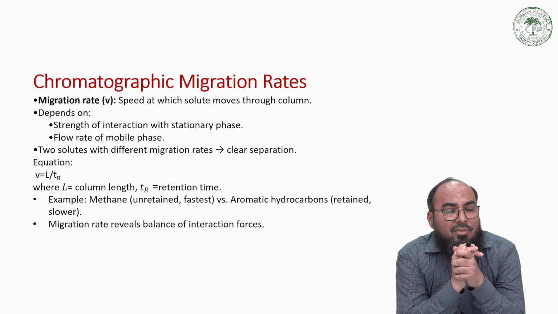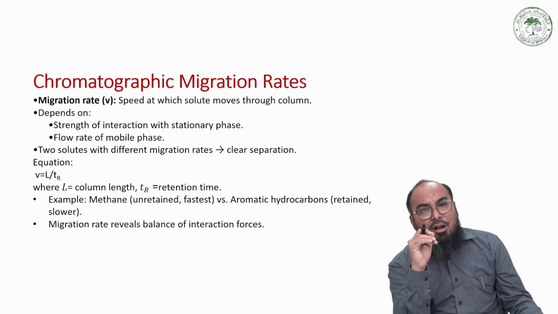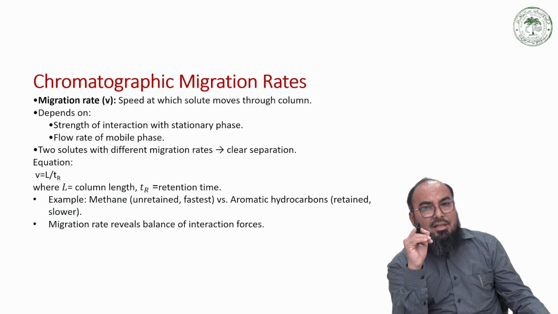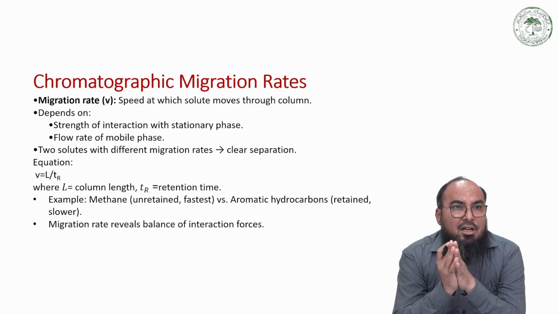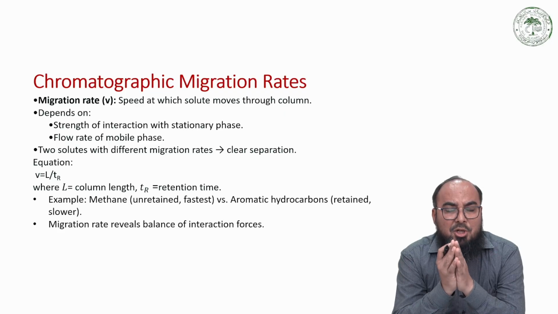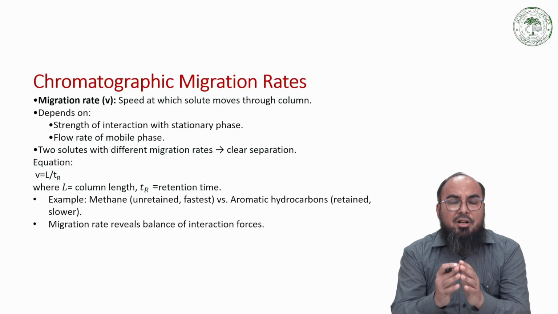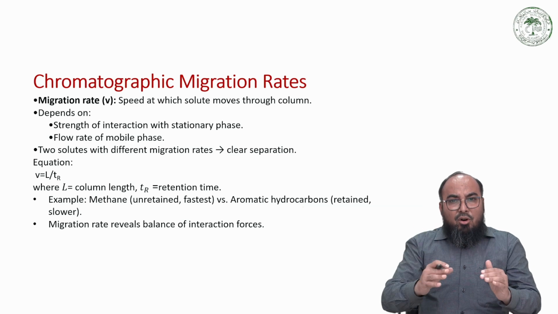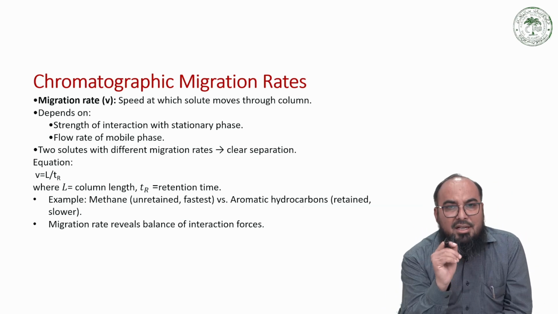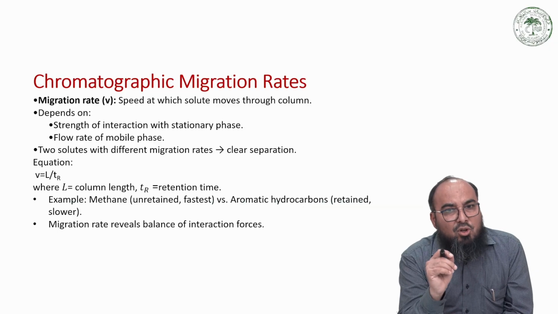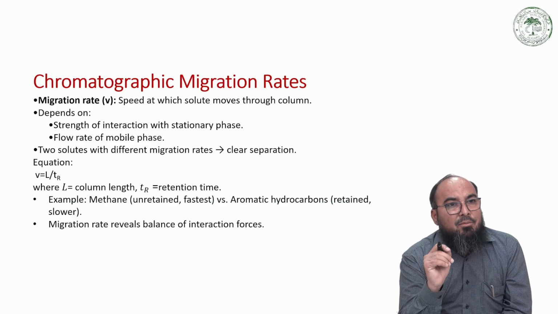So now comes the migration rate. The migration rate is very important in the sense that the effectiveness of any column with regard to separation partially depends upon the migration rates of the different constituents, and this migration rate is measured in terms of their equilibrium constant.